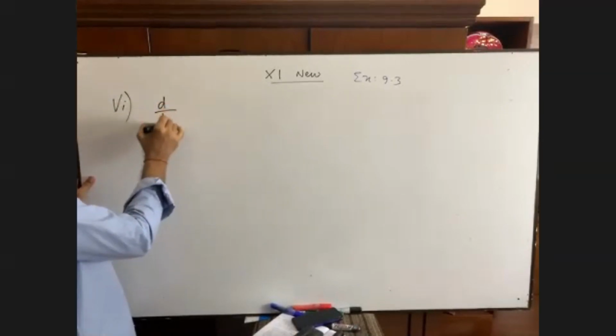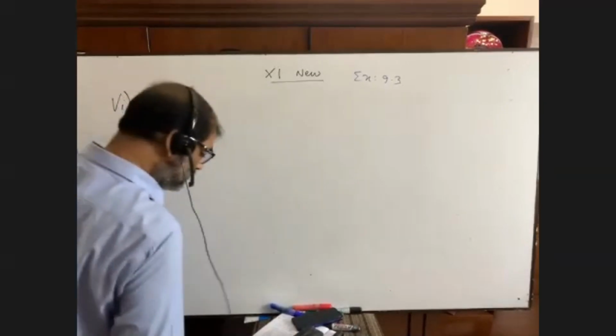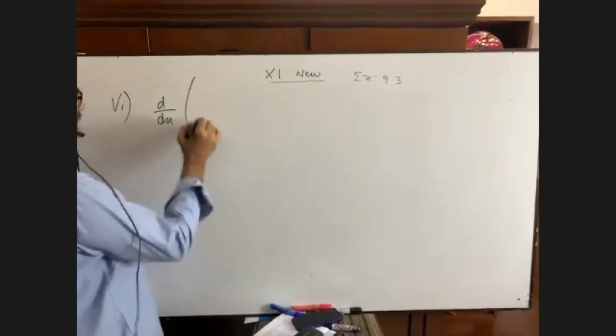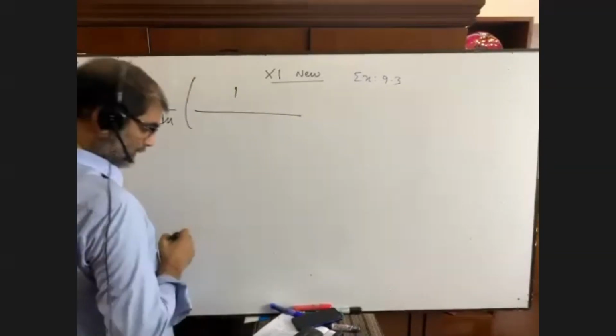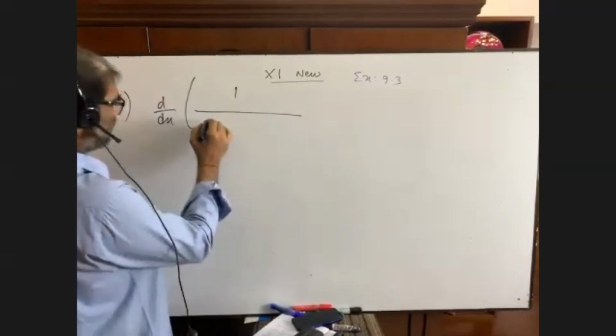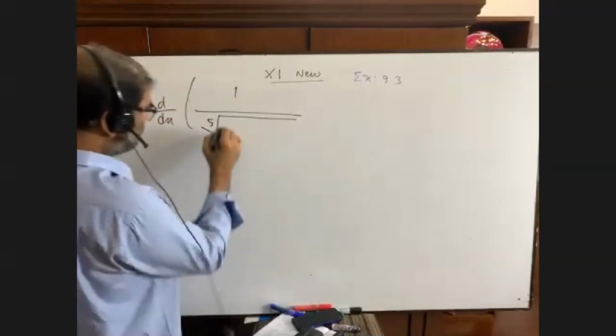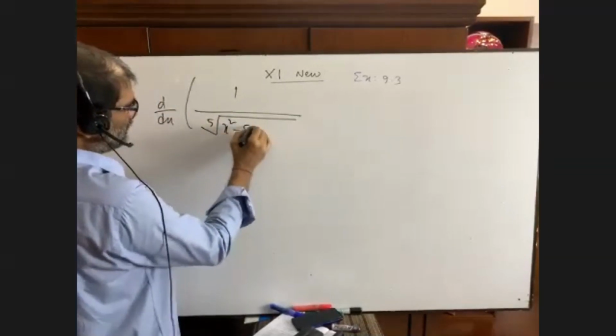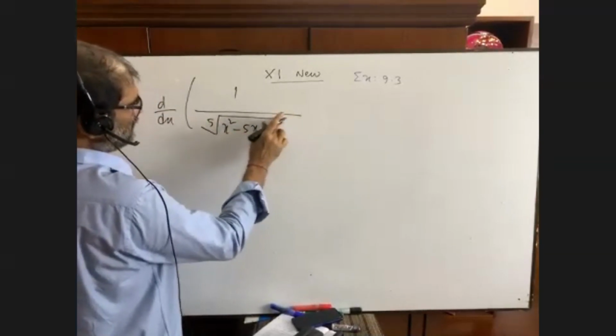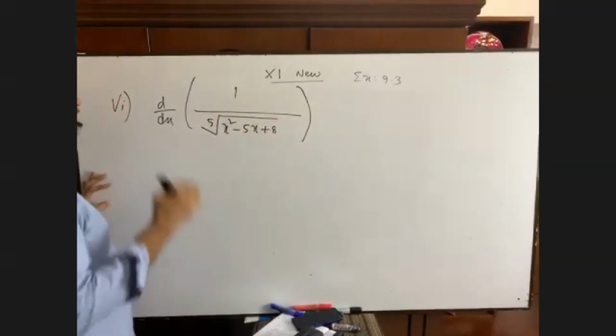d by dx of 1 by 5, x square minus 5x. This is the math.